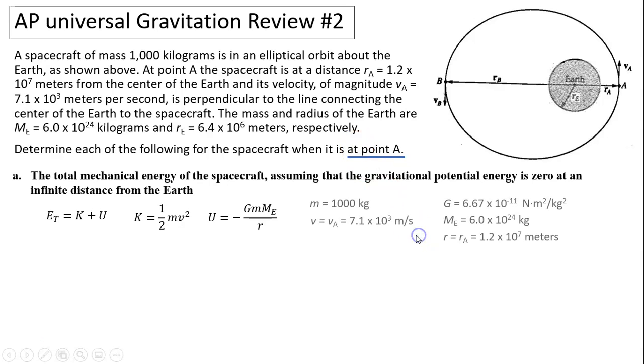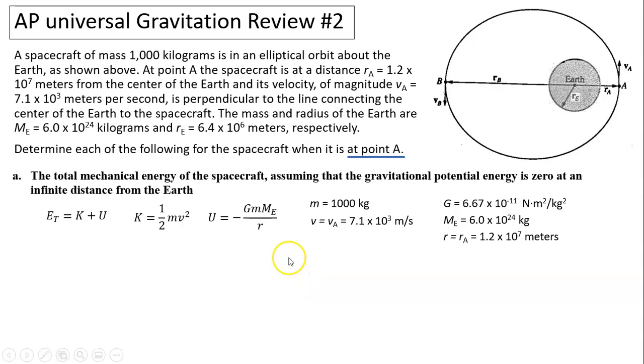So let's write down what we know. M is 1,000, V equals VA is 7,100, and we know the value of G from the reference table. We know the mass of the Earth. We also know the distance between the spacecraft and the center of the Earth, which is 1.2 times 10 to the 7 meters. Now all you have to do is substitute all the numbers in and you get a value.